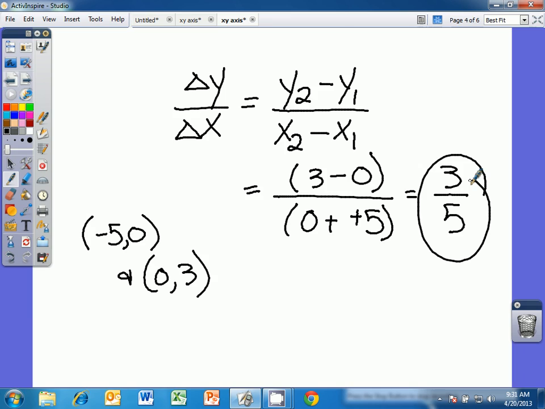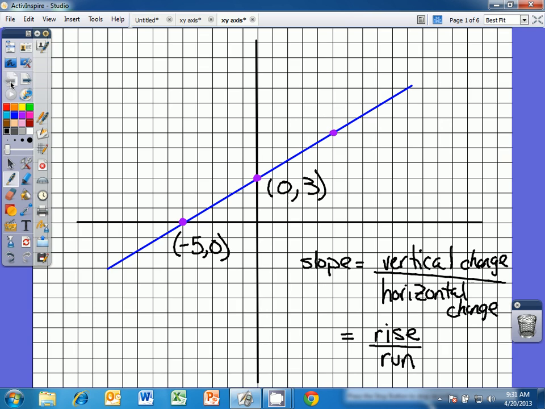Another way is if we go back to the graph, we can actually walk from point to point and determine the slope that way. I have to be on the line. If I start at the point negative 5, 0, and I want to walk to my other point, 0, 3, I'm going to walk vertically and then horizontally until I get from point to point.